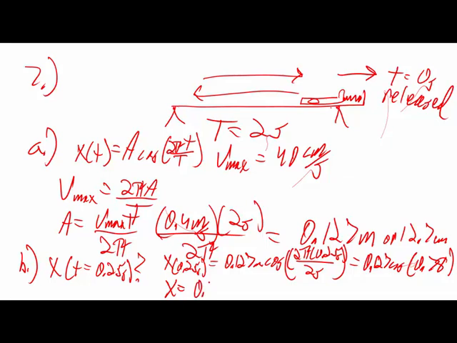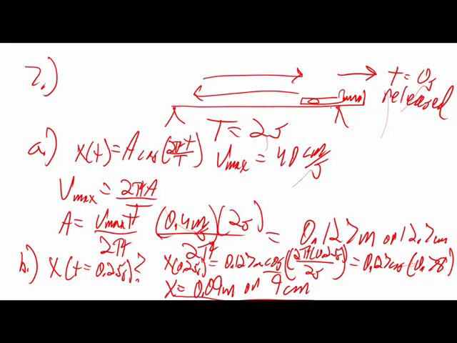So we get 0.09 meters or 9 centimeters. Well, almost messed up on that one. You see what I did there now? Anytime you take the cosine of an angle in radians, you've got to put your calculator in radian mode, okay? So make sure you know how to do that.